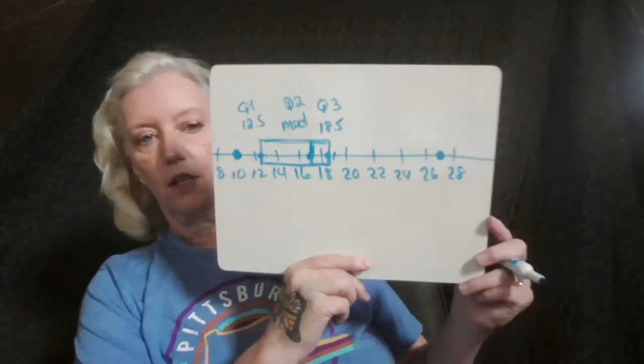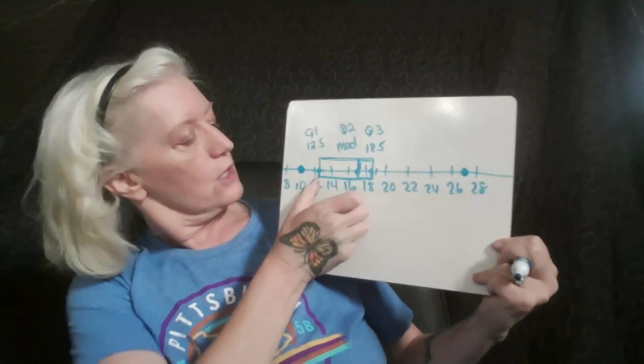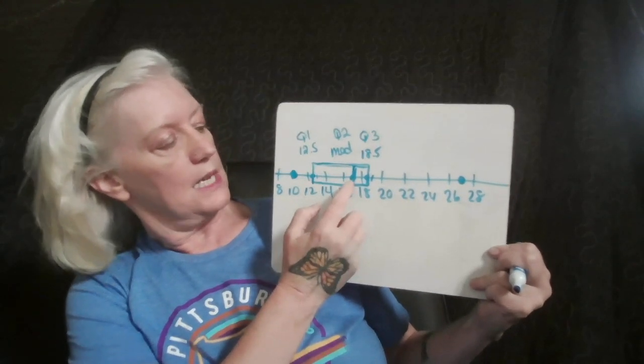So this is at 12.5, Q1, hinge 1. This is at 18.5, Q3, hinge 3. And the dot in the middle is the median, which technically is Q2. There's our box. Our box goes from Q1 to Q3 with the median.